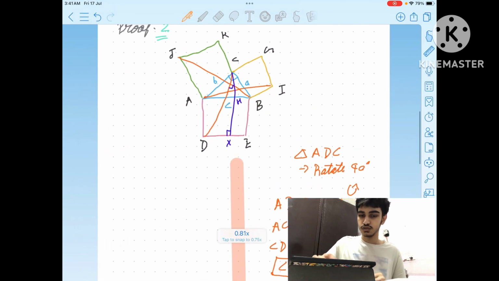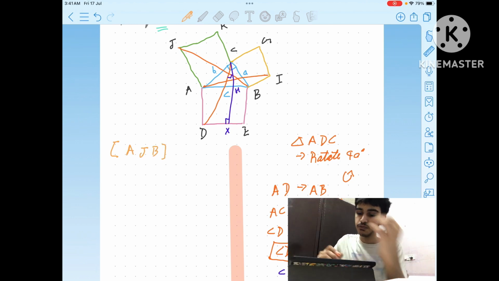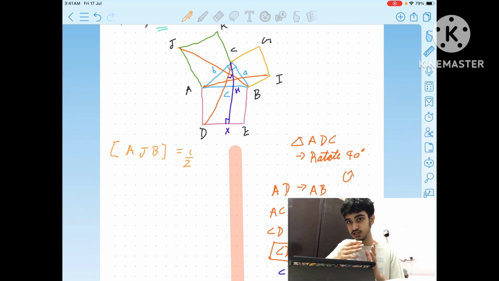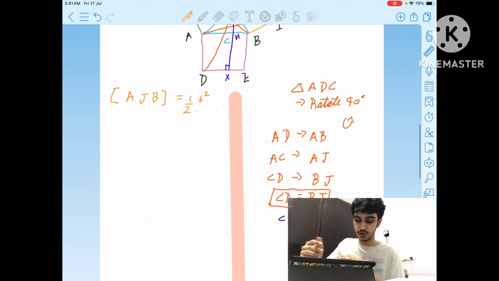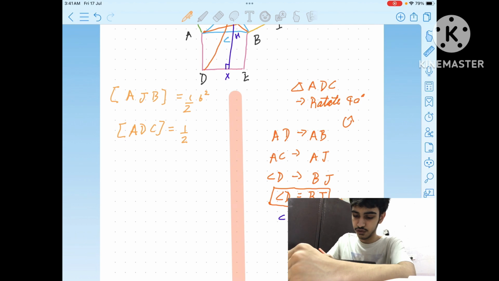To do that, we are able to see the triangle AJB, and we know that the area of triangle AJB will be half into perpendicular into base, and its base is B and its perpendicular is also B, so it will be half B square. Similarly, if we do this for the triangle ADC, it will also be half of B square.